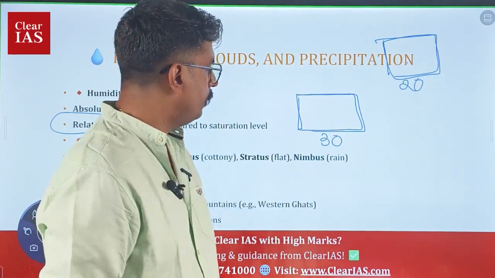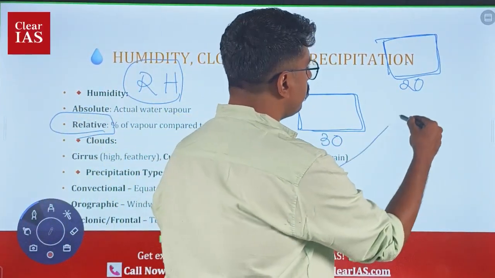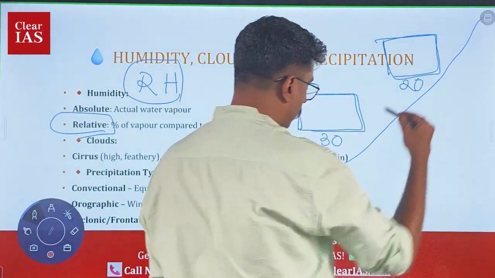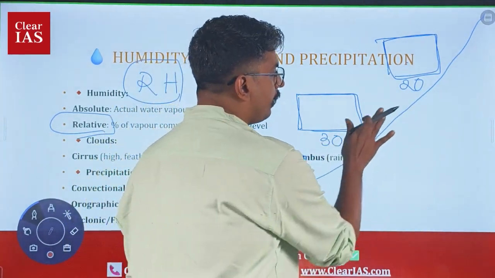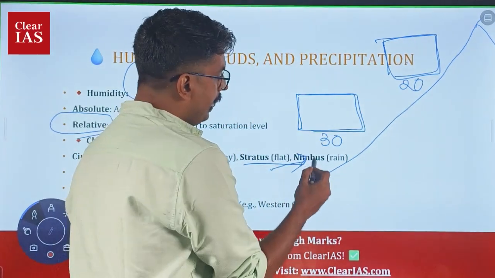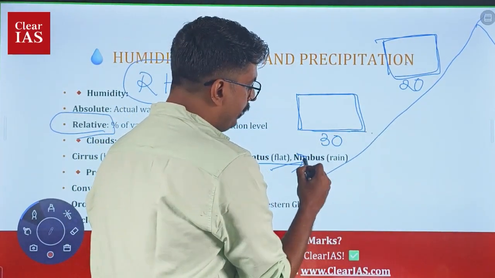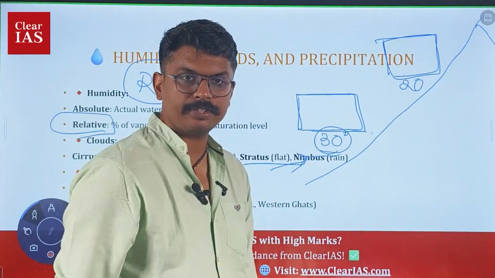Now imagine this is the windward side of a mountain. Can you see air is blowing from this side? So it will start rising up the mountain. Now, when this air parcel reaches here, let's assume the temperature is 30 degrees Celsius.